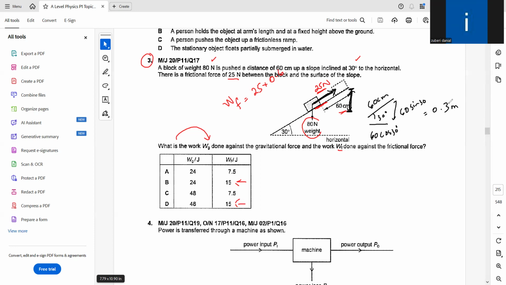So that's 0.3 meters. So we have weight, that's 80, and we have the height. So work done against gravity would just be potential energy. Instead of writing m and g separately, we have 80 times 0.3. So that saves us a lot of time. We can multiply 80 with this, and what we get is 24. Do we get this?